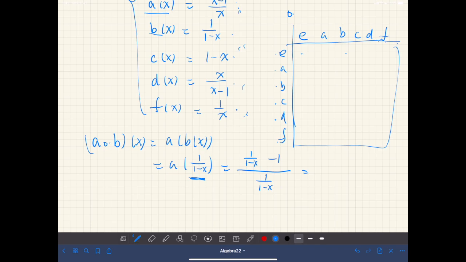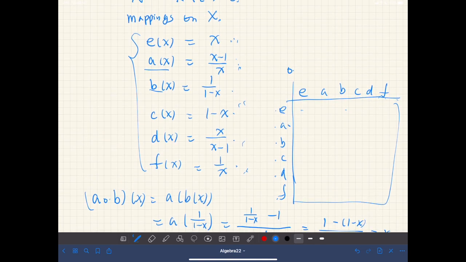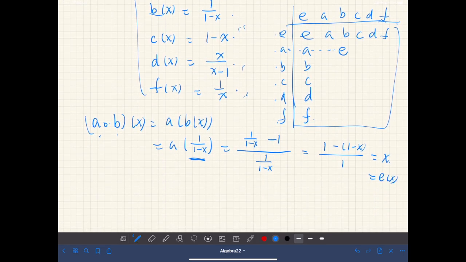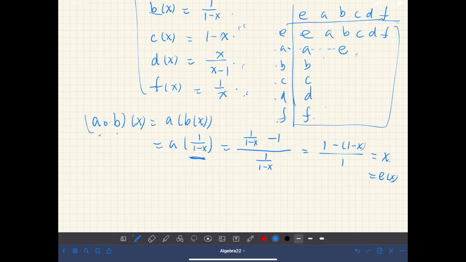So that would be 1 minus x and 1, and that is x, which is e of x. So a times b is e, as it seems. So in this way, you can fill in all these cells and check whether this is indeed a group.